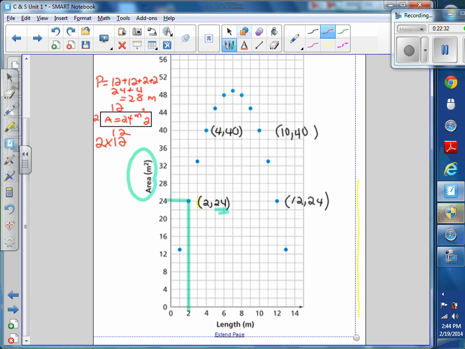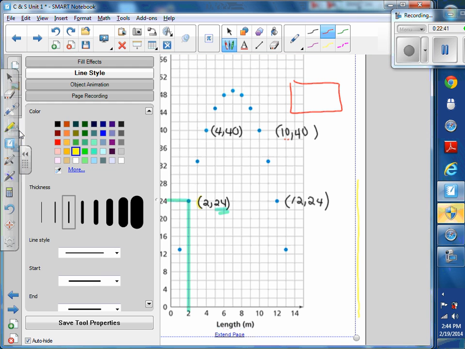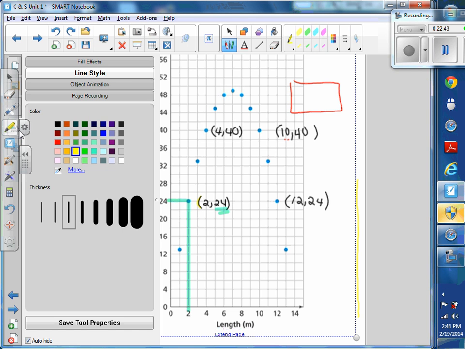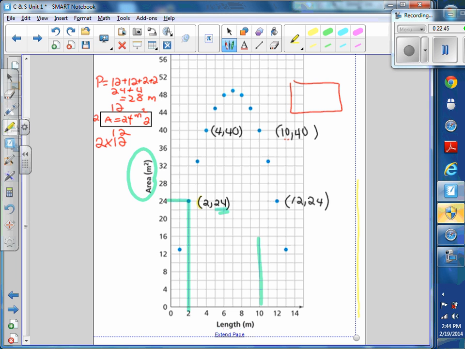Okay, well, let's look at this picture here. This is a 10 by something. So this says, if my length is 10, my area is what? 40. So 10 times what is 40? 4.